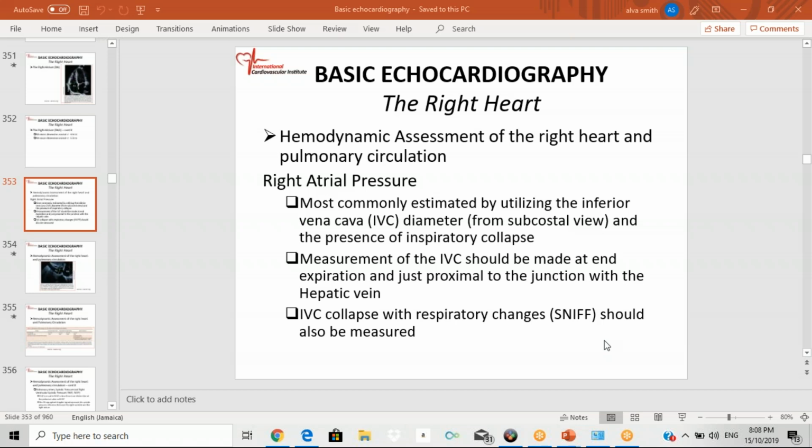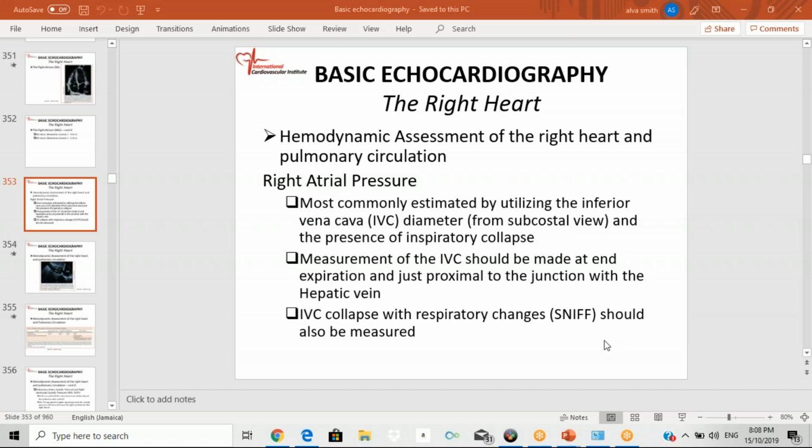And another thing again, guys, even if you don't have an abnormal TAPSE, look and make sure that what you're doing is correct. Because I've seen a lot of so-called TAPSE measuring, when you look at the cursor, it's through the right atrium. Okay, so pay attention and take pride in the studies that you're doing.